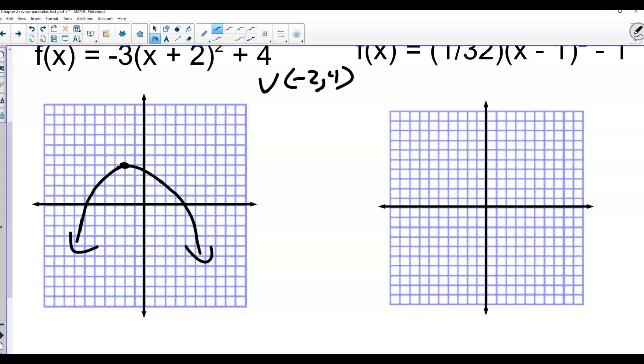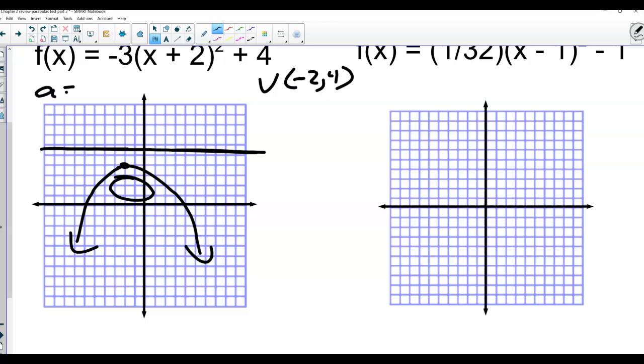I'm drawing this graph as a reference point so I know my focus is somewhere here and my directrix is somewhere out there. Okay? Which means when I find my p, I'm going to subtract it from the y-coordinate of the vertex to get my focus, and I'm going to add it to the y-coordinate of the vertex to get my directrix.